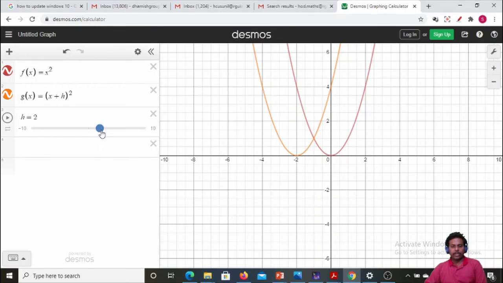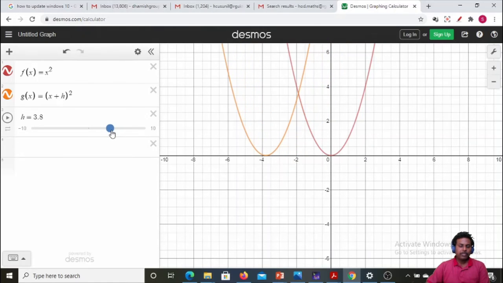Then the graph has started moving in the left direction. Now similarly, if I keep on increasing the values, the graph is translating in the left direction horizontally. Now let me decrease the values. It is coming to the original position. When h becomes 0, it coincides with the y is equal to x square graph.